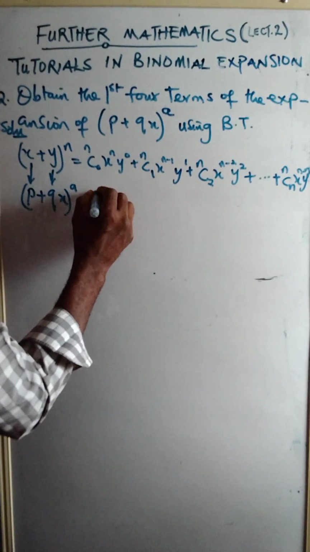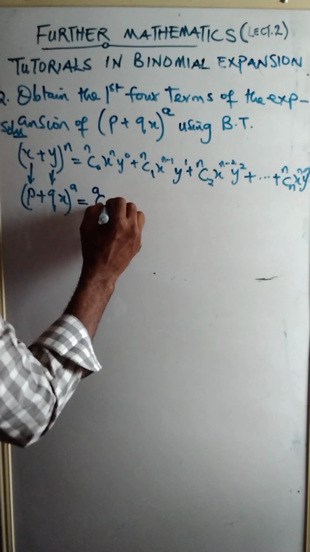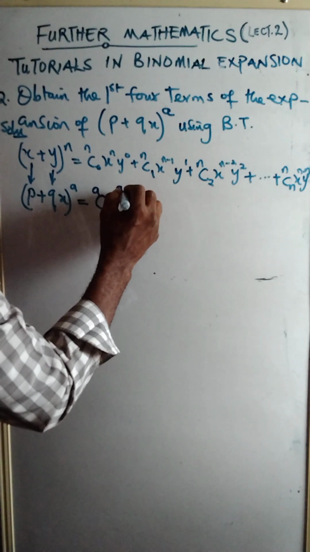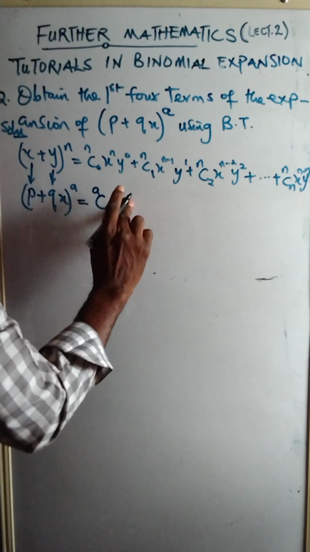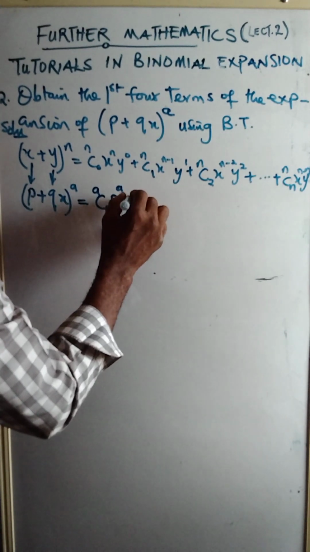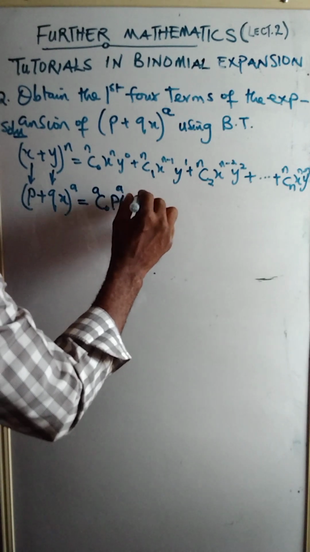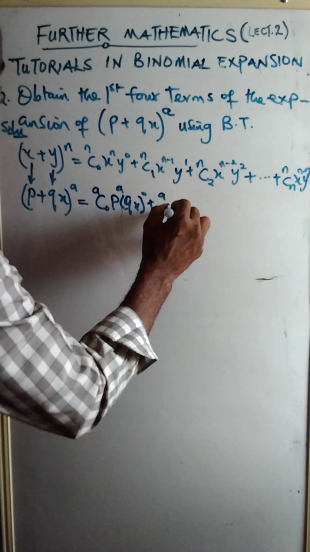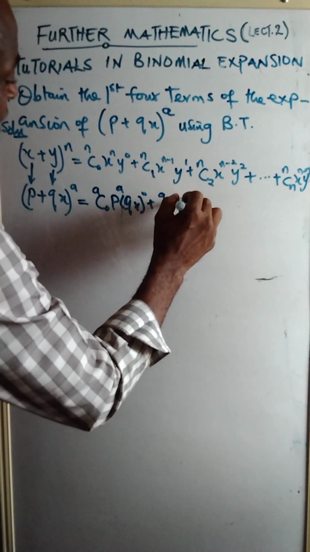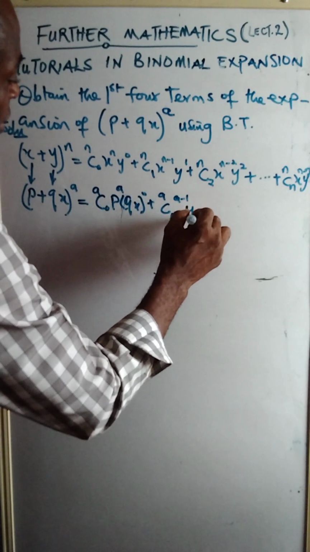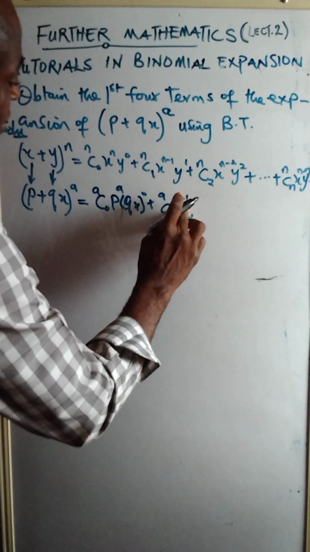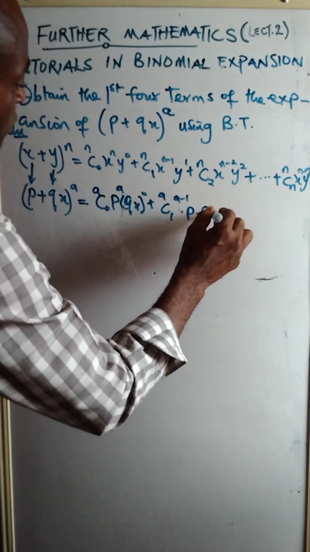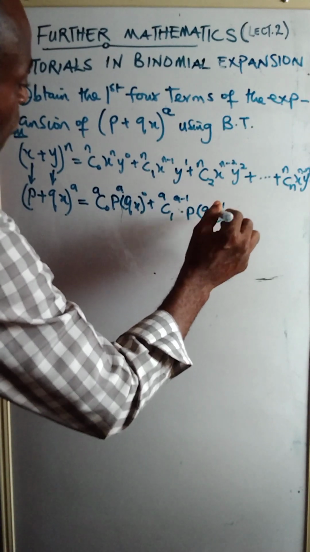So the first thing we're going to write is a combination 0, then we have p raised to power a, then we have qx, everything raised to power 0, then we have a combination 1, then you have p raised to power a minus 1, we have qx raised to power 1.